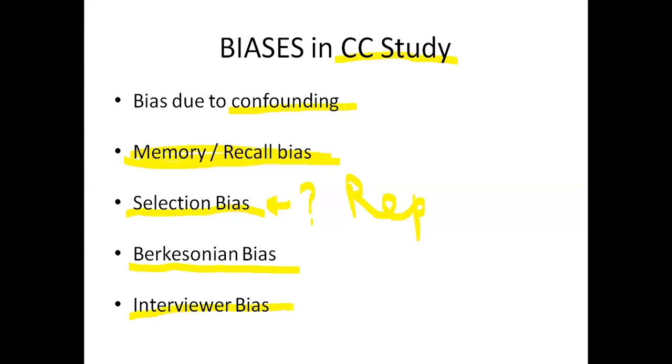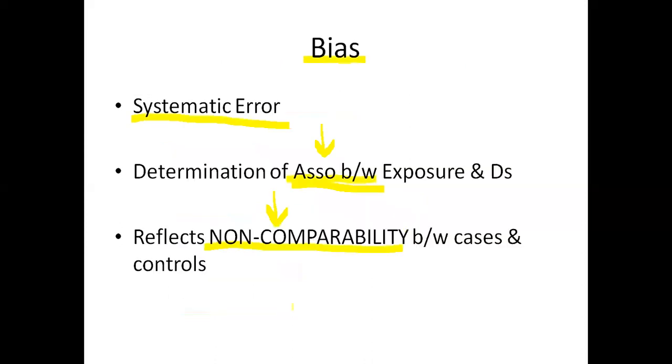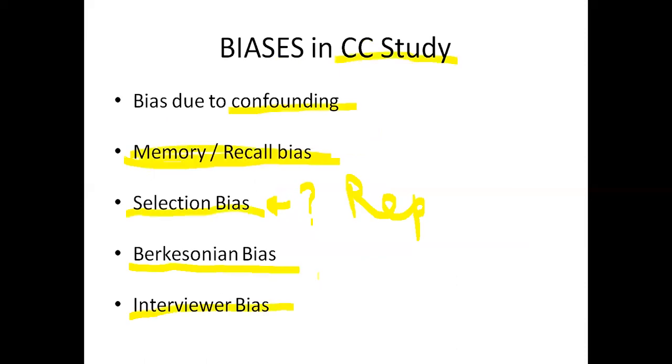So these are the different kinds of biases in the case control study. Most important to remember that when we talk about biases in case control study, we are talking about systematic errors that affect the association between exposure and disease, and they make the two groups, the case group and the control group, non-comparable or relatively less comparable.